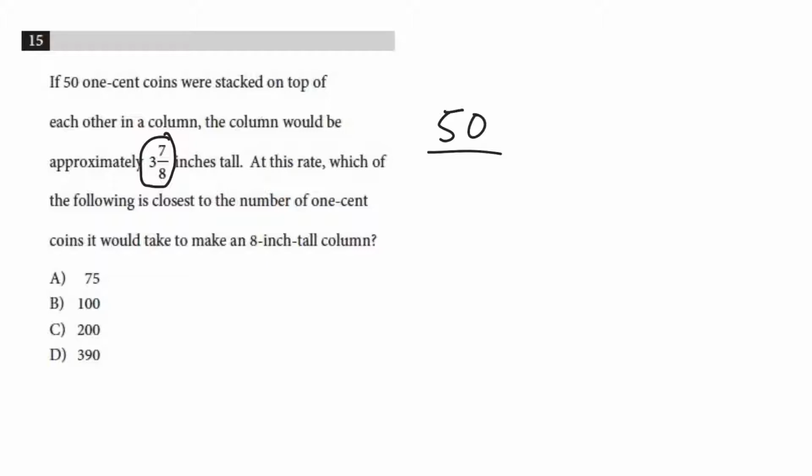So that's going to be, let's see, 24. It's going to be 31/8 inches. Okay, and we want to know how many coins make an 8-inch tall stack. Okay, well, we want to solve for x. That's the number of coins, so we need to multiply both sides by 8.